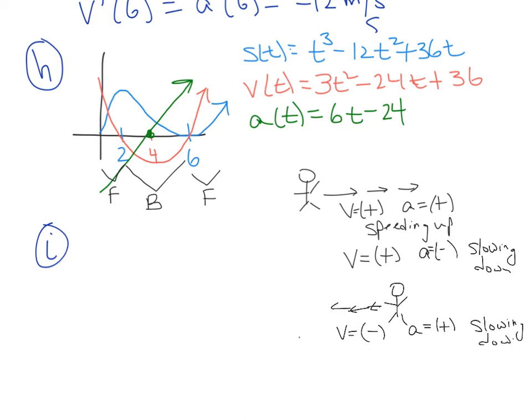Because I am moving backwards, but I'm being held back as I move backwards, so I'm slowing down. Or because the force is acting on me in a different direction. Whereas if I was moving backwards, my velocity would be negative, and I'm being pushed backwards, I'm being forced backwards even more, now I'm speeding up.